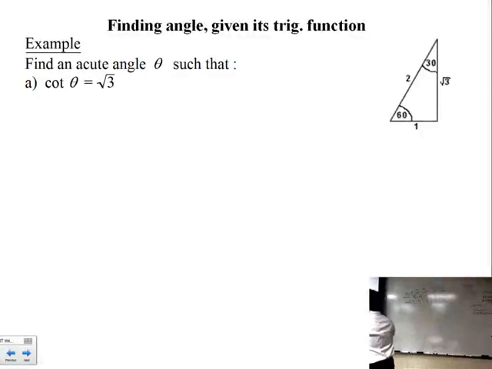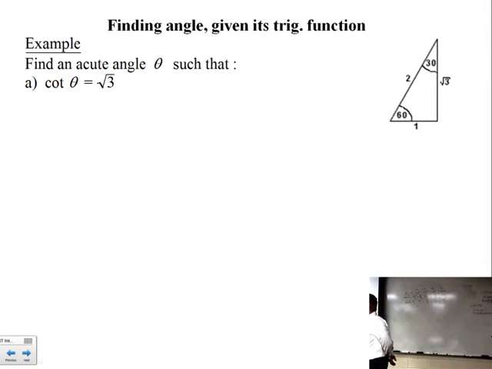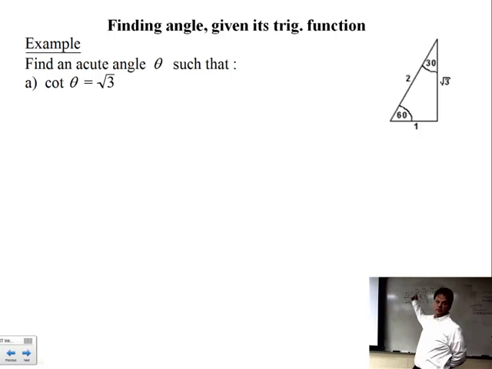Let's find an angle given its trig function. Let's find an acute angle theta such that cotangent of theta is root 3. Now, if we're actually going to find the angle exactly, and I give you a simple expression for the trig function, the only real way is that it's going to be some kind of special angle.